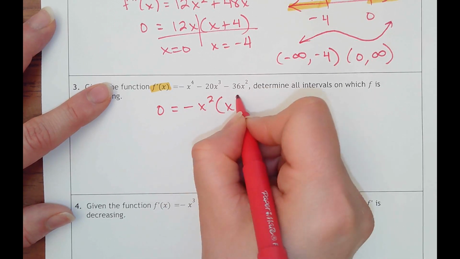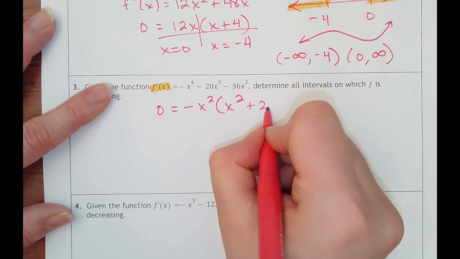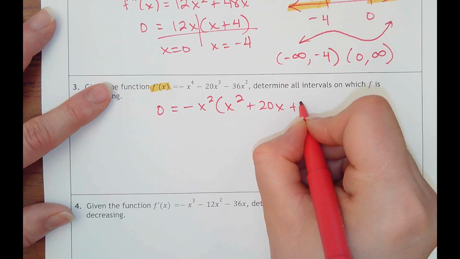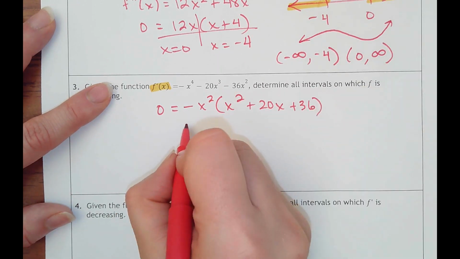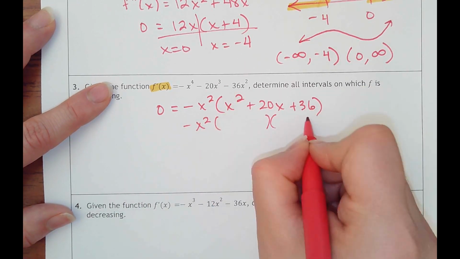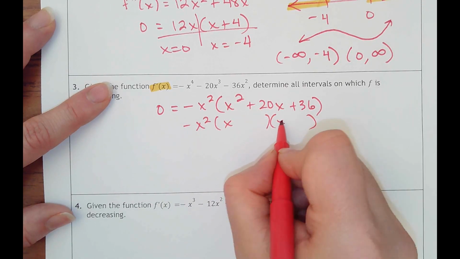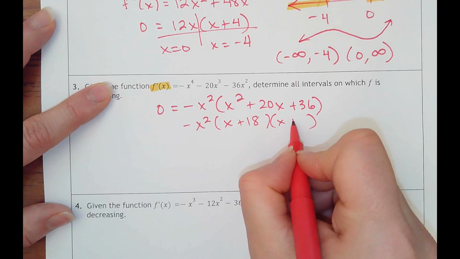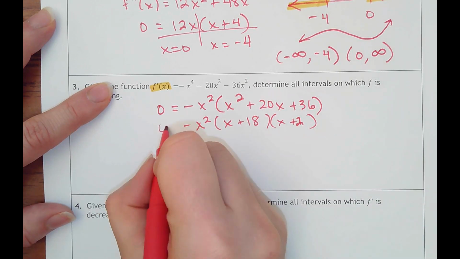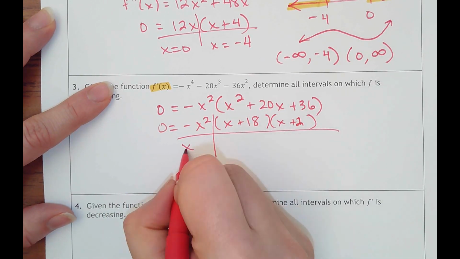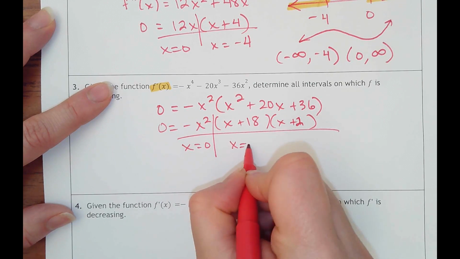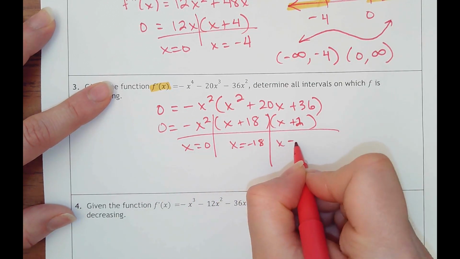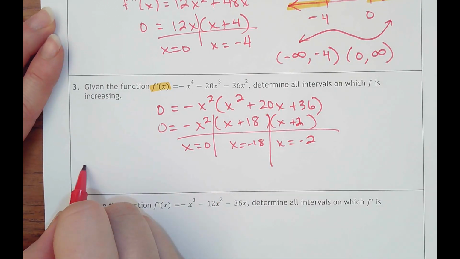That would leave me with x squared plus 20x plus 36. That would be 18 and 2. This just gets 0, negative 18, and negative 2. Okay, sign chart.